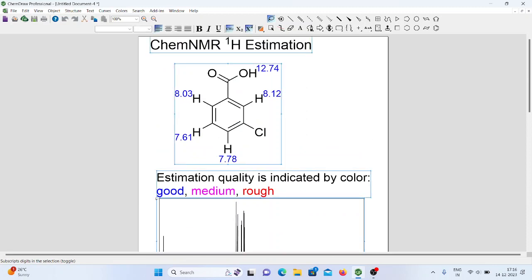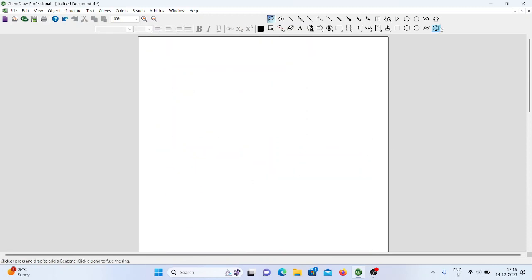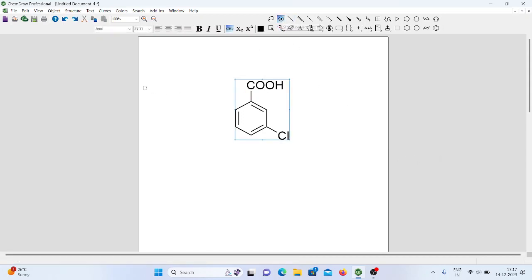Let's see the C13 NMR data. In case of C13, what is the molecule? Metachlorobenzoic acid, ClCOOH. This is the molecule, right? So in order to get the data, what should you do? You need to select the structure.